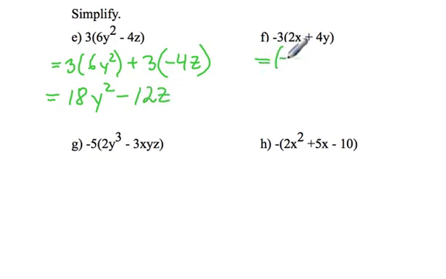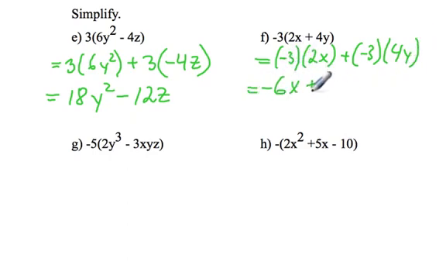Here we have negative 3 times 2x plus negative 3 times 4y, and that equals negative 6x plus negative 12y, and that equals negative 6x plus a negative number we can rewrite as subtract a positive number.